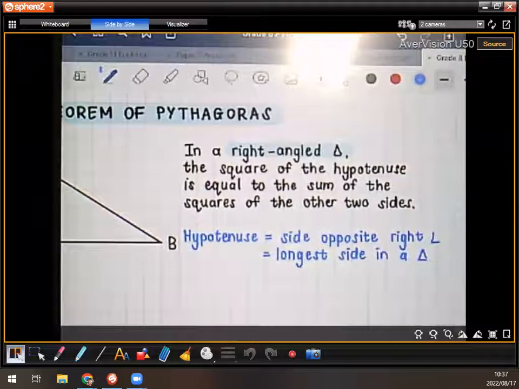Are we fine so far? I haven't really explained a lot, but at least now we know what the word hypotenuse is.